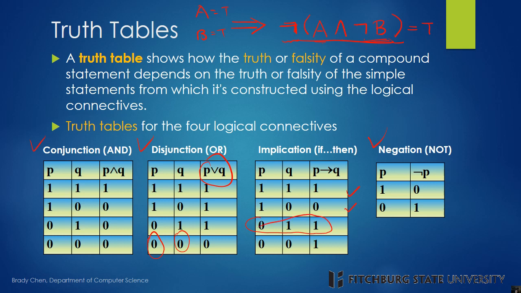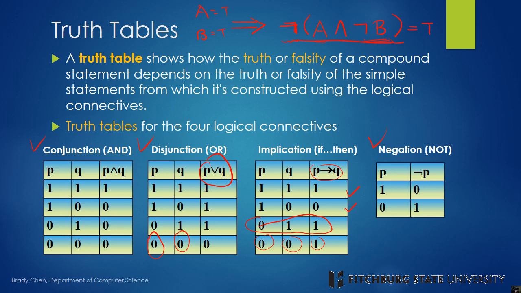If P is false and Q is true, then the whole thing is true. P implies Q is true. How could this happen? And another case is if both P and Q are false, then P implies Q is also true. How can we interpret this?